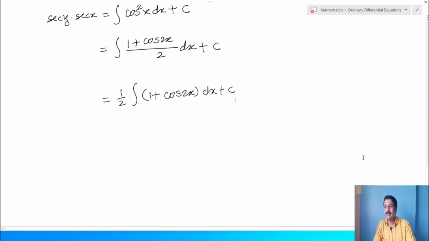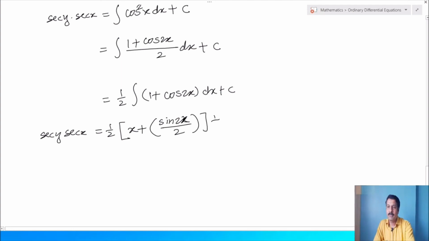And I am getting here sec y sec x equal to 1 by 2 into the standard integration of 1, which is x, plus the integration of cos 2x, which is sin 2x upon 2, plus integration constant c. So the same thing I can write as sec x into sec y equal to x by 2 plus 1 by 4 sin 2x plus c, which is your final answer.